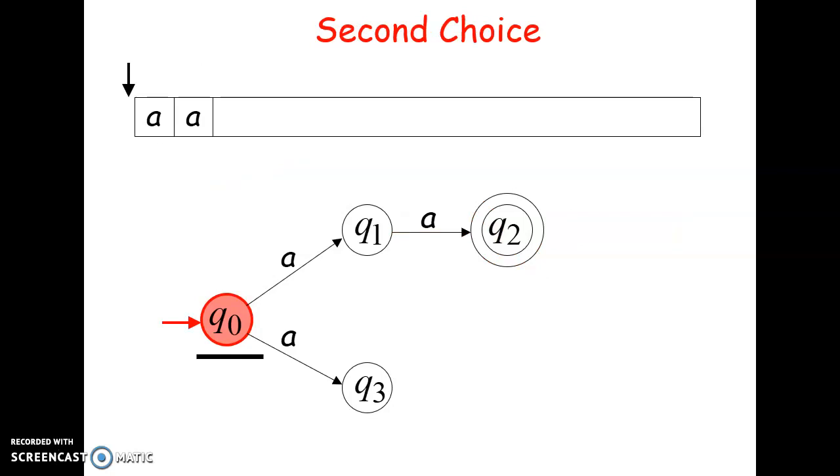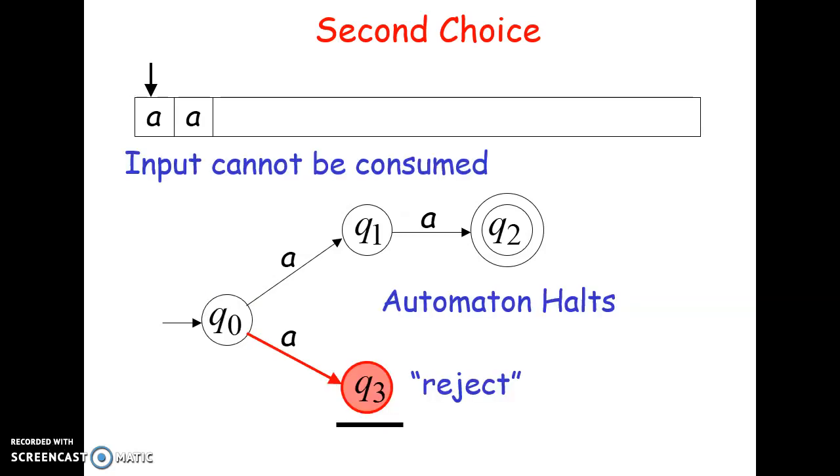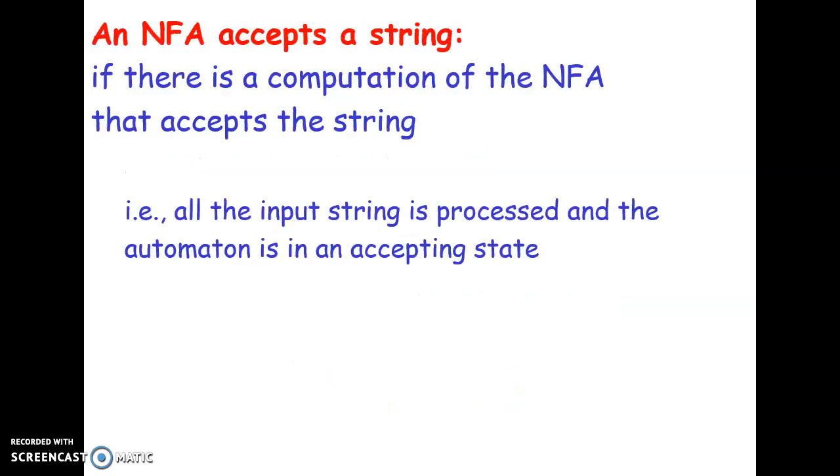Another computation on the same string would be that you are at the state Q0 and you read the letter A. You reach state Q3, and since there is no outgoing edge, but you have an input letter coming afterwards as well, the string is rejected. Automaton halts or stops there.